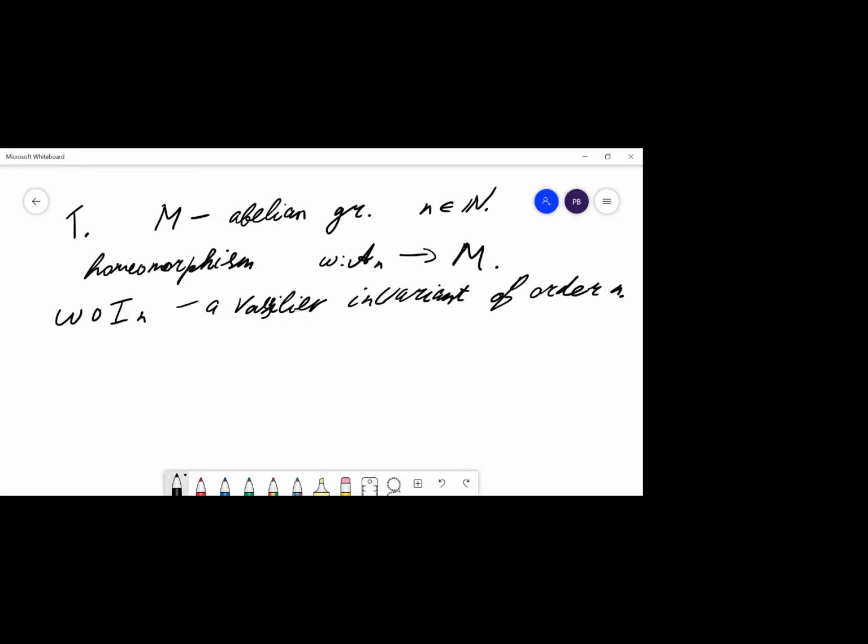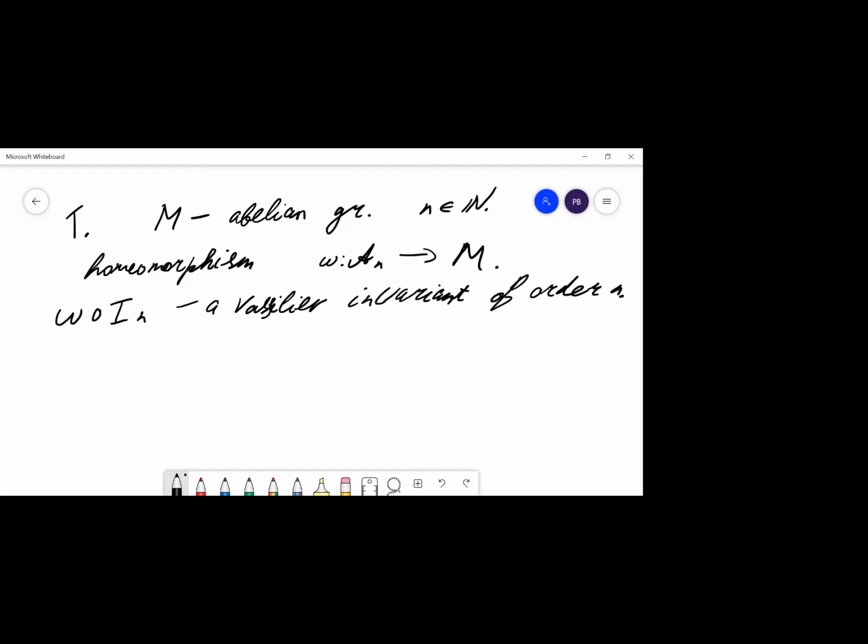Так мы получаем фильтрацию на пространстве диаграмм. И всякий инвариант порядка не выше n получается как композиция с гомоморфизмом из этой группы.